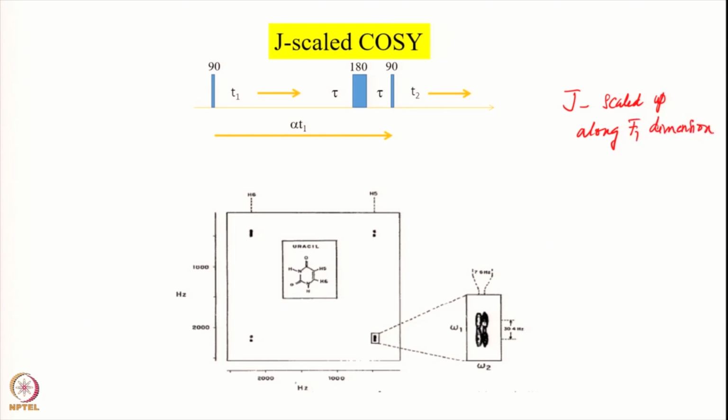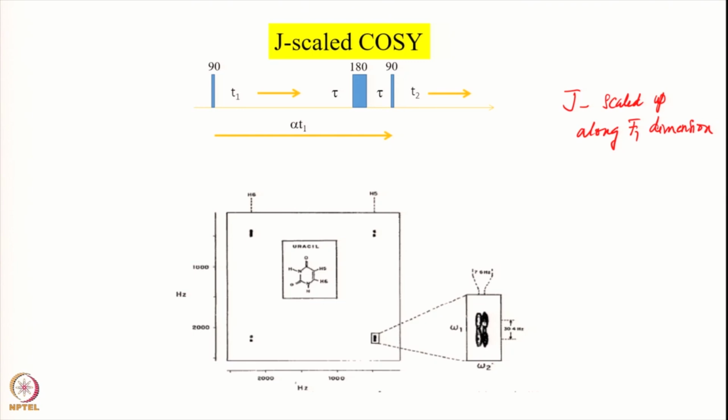So, I will just show you the spectrum first initially. Look at the spectrum of a simple 2-spin system. This is uracil here. Uracil is a 2-spin system which has 2 protons, H5 and H6. So, there is one diagonal peak and one cross peak, okay. I notice here we have the fine structures in each one of these.